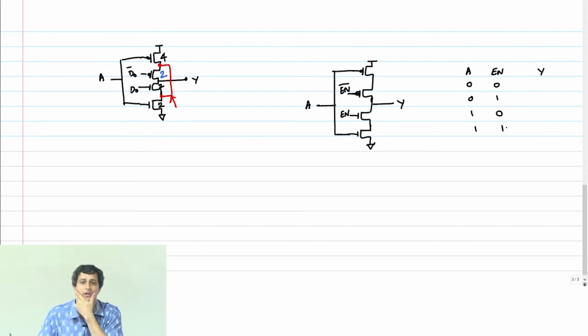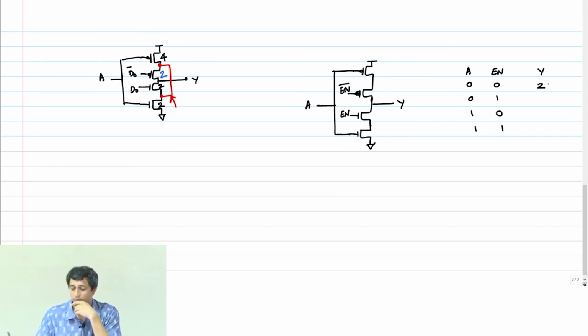What happens when enable is 0? Output is what? Floating, or high impedance state.